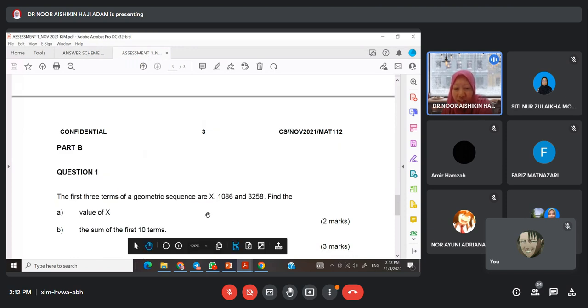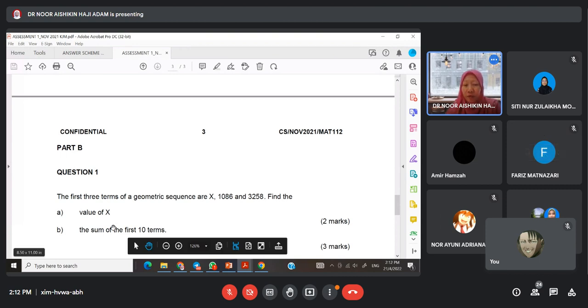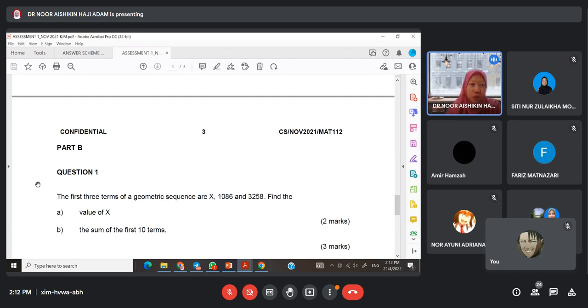Okay. The sum of the first 10 terms pun straightforward, masuk formula je. But of course, once you have the value for x, which is a, you can easily get the sum of the first 10 terms because we know the value of r from the first 3 terms of the sequence.